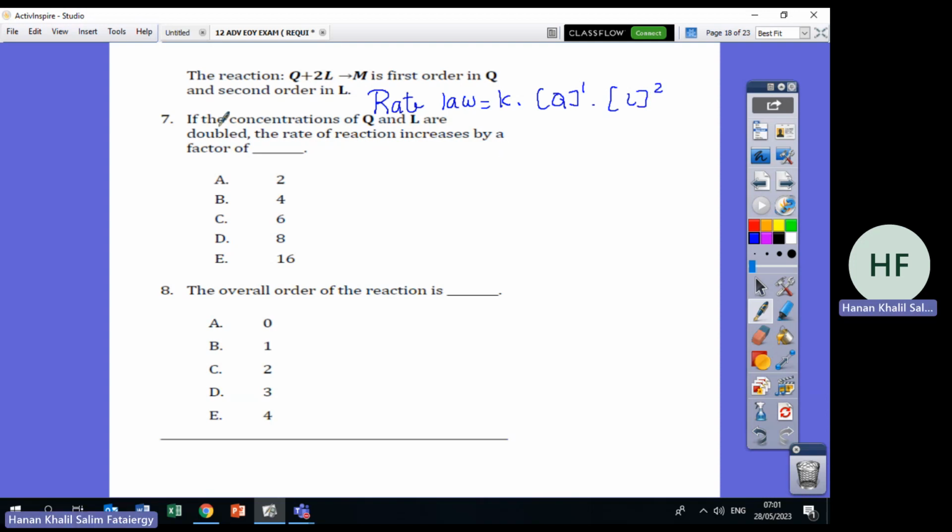Okay, if the concentrations of Q and L are doubled, pay attention, now we changed Q and we changed L, both of them are doubled. So what will we say? We will say 2 power 1 times 2 power 2. 2 power 1 is 2, 2 power 2 is 4, so this is 8. Now the overall order of the reaction is 1 plus 2, which is equal to 3.